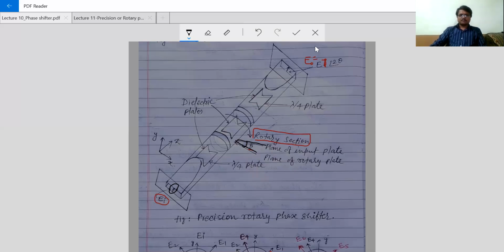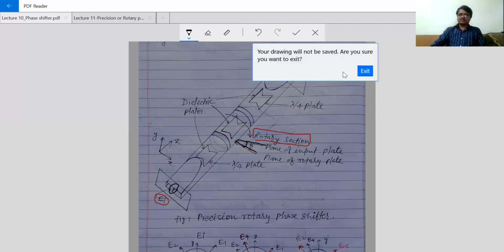So anyone who wants to get a desired phase shift can get it. Let us suppose anyone wants to get a 24-degree phase shift here. So they will rotate this rotary section by 12 degrees. It will automatically get 12 into 2, a 24-degree phase shift here.